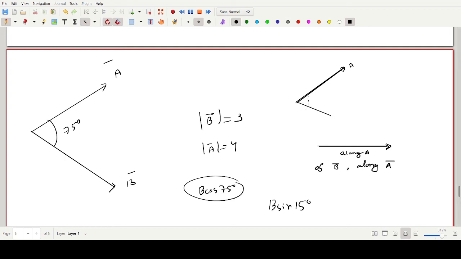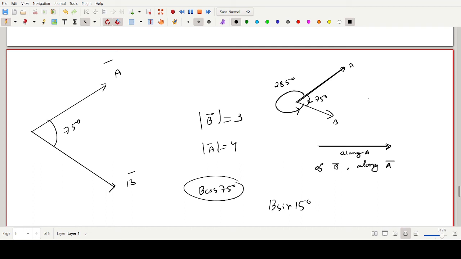If you rotate it clockwise, you can also get the given position of B. If you rotate it this way, this angle is 75, and what will be the value of the other angle? 360 minus 75, that is 285.